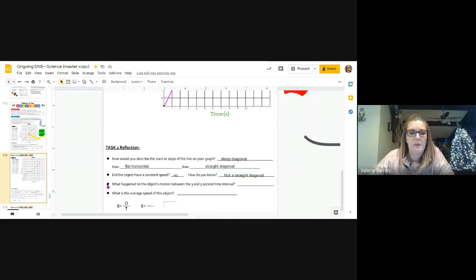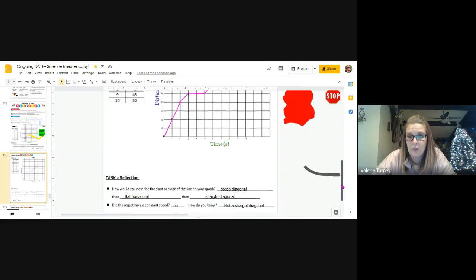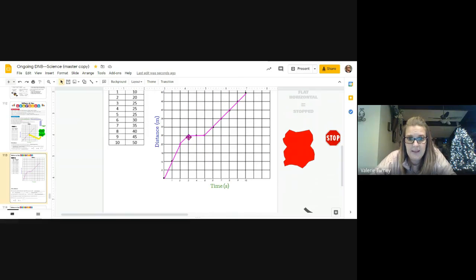This is an interesting question. What happened to the object's motion between the 3rd and the 5th second time interval? At 3 seconds, at 4 seconds, and at 5 seconds, what happened to that person? They were at 25 meters, 25 meters, 25 meters. So what did they do? They stopped.